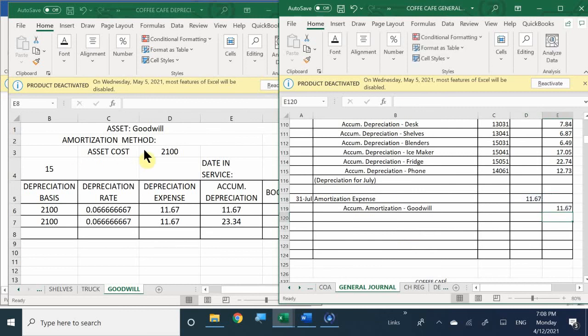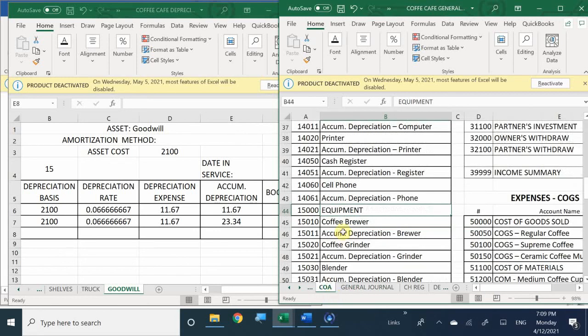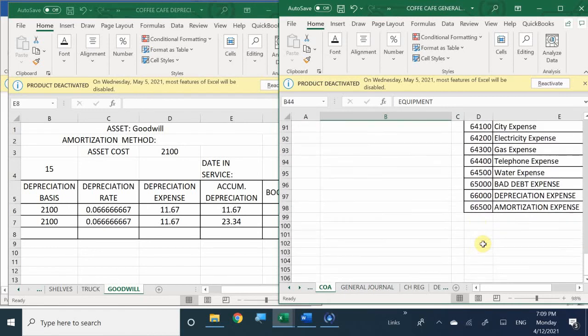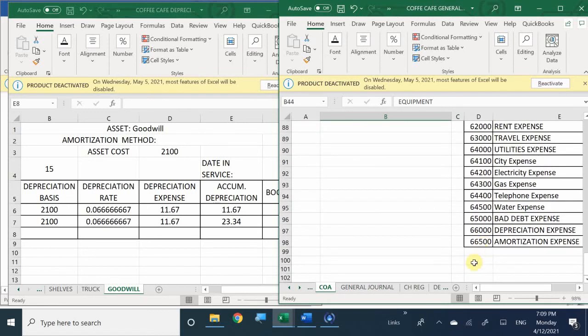And I'm going to go ahead and make a little note here that I am going to amortize for July. Once again, my accumulated amortization account is going to be account number 66500.